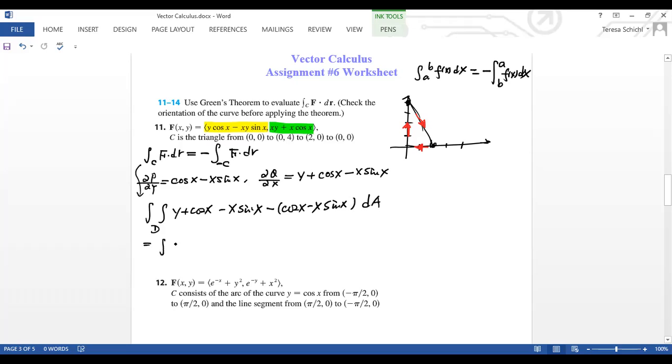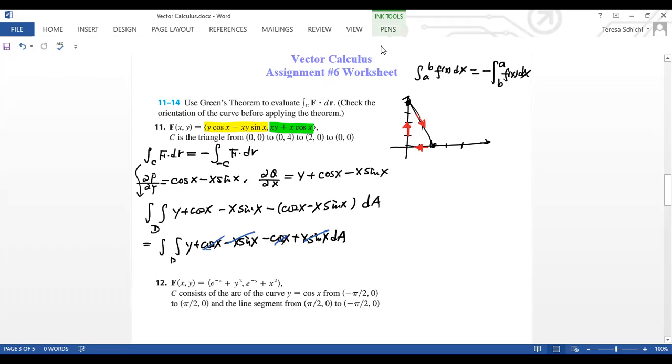So let's see here. This is y plus cosine x minus x sine x minus cosine x plus x sine x dA. Oh, much better. This one cancels, cosine. Oh, beautiful, right?